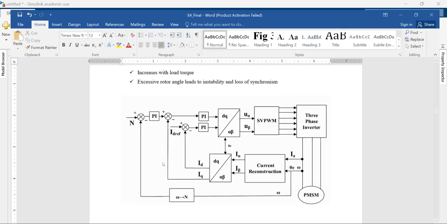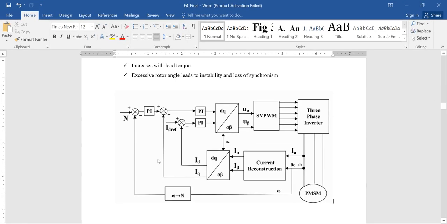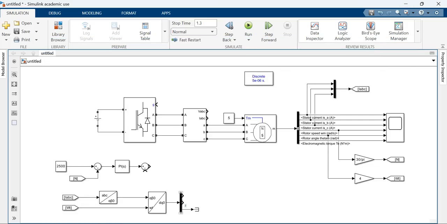Okay, now the first one is D, second one is Q. So again, let me show the block diagram. D is compared with another signal which is generally a 0. Q is compared with the output of the PI controller of speed. So the second one is this one. Let me take the second one, keep it here. And the first one, I have to compare with a constant, and that constant is supposed to be 0.